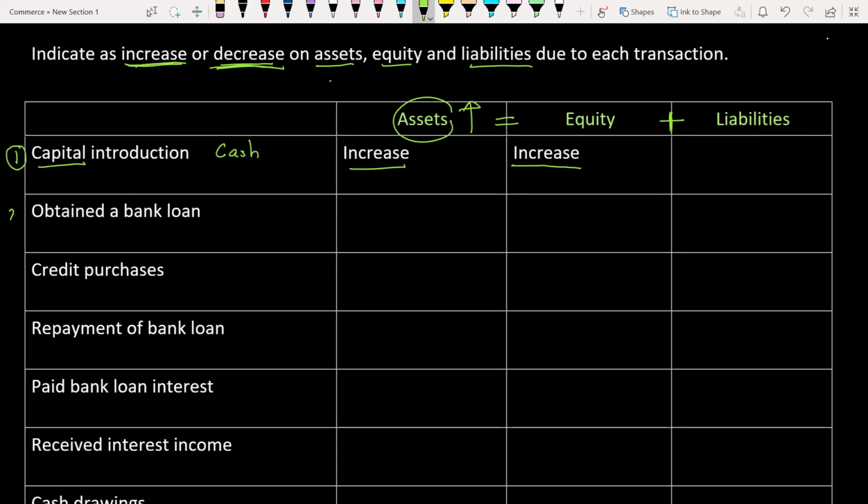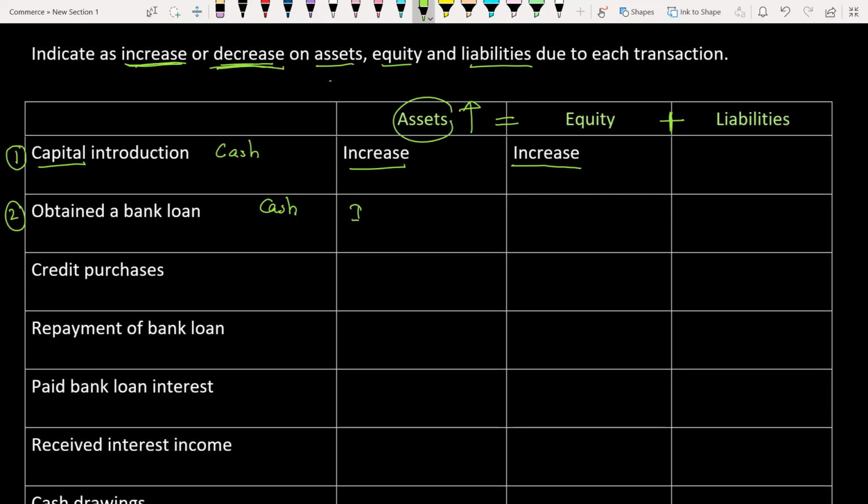Now let's take the second transaction. Obtain a bank loan. If the business obtains a bank loan from the bank, the business receives cash. Cash is an asset, so cash increases, therefore the total value of the assets also increases.